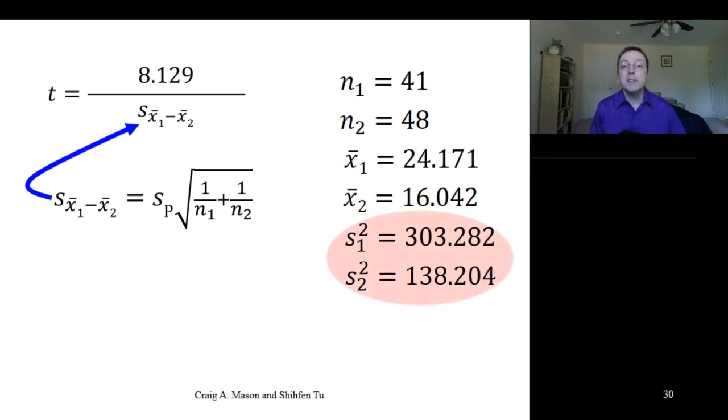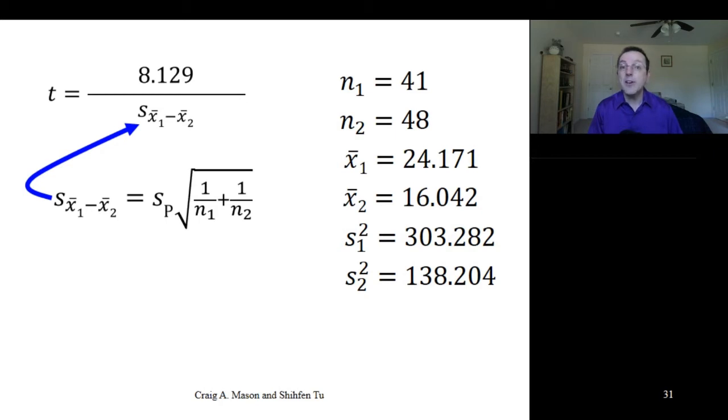Now, our variances are 303.282 and 138.204, so they fit within that less than 4 times the size rule. So we'll assume the variances for the two populations are equal in this case, for this specific illustration.